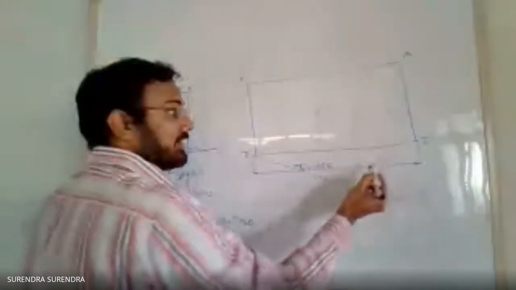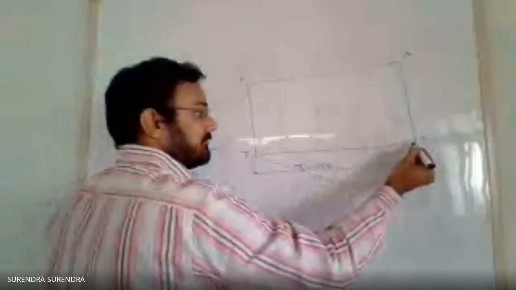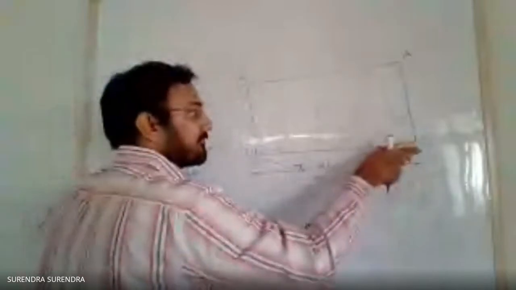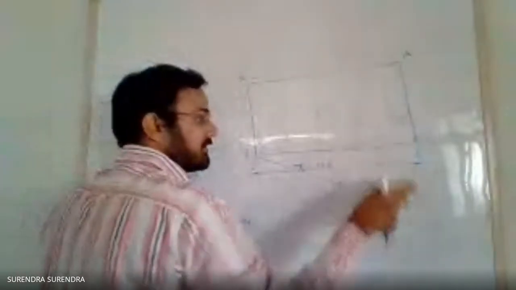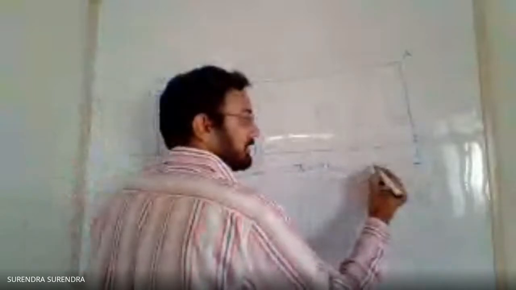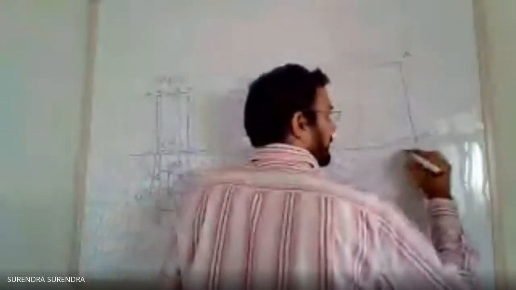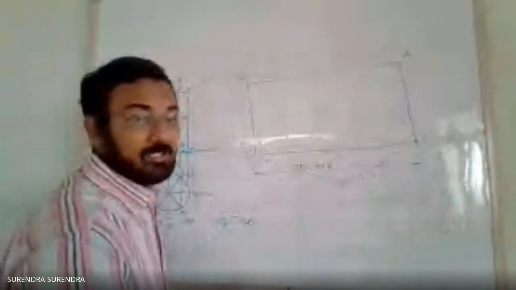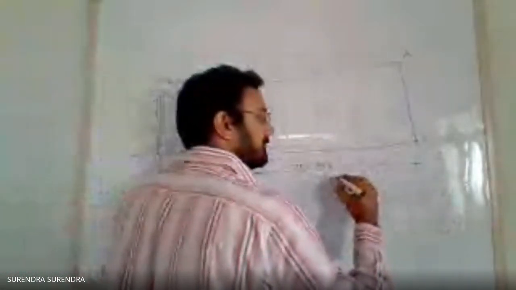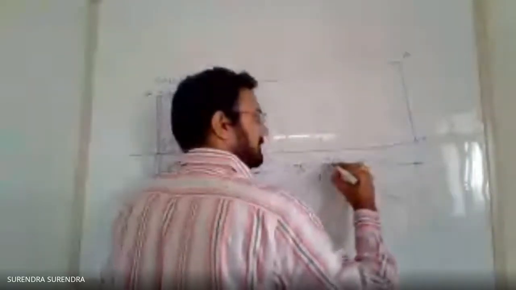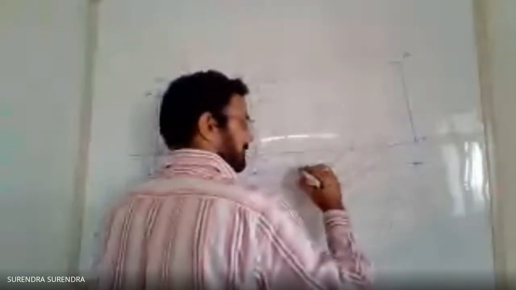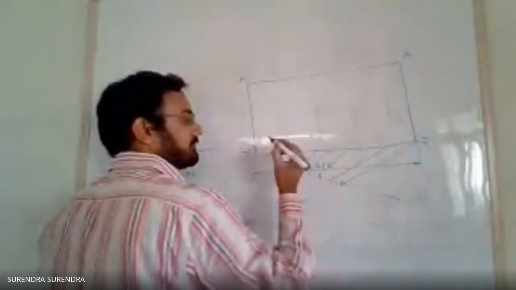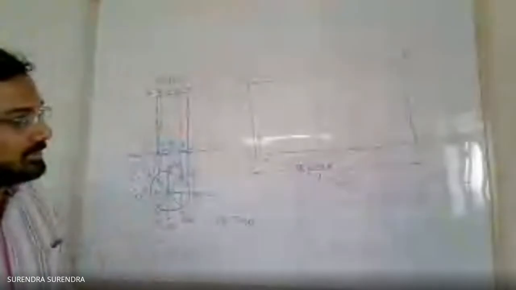Join the 8th point to J. Now draw parallel lines from all the remaining points.